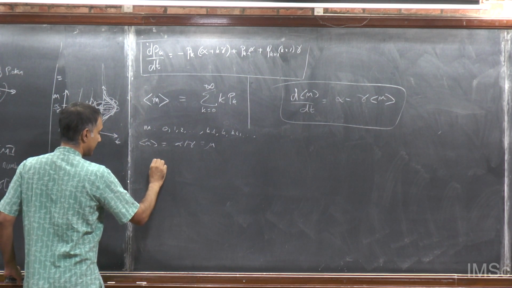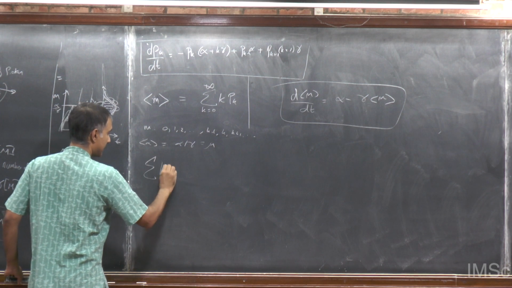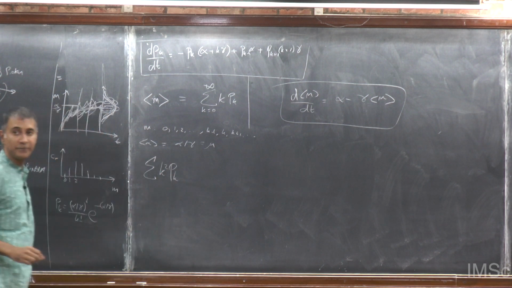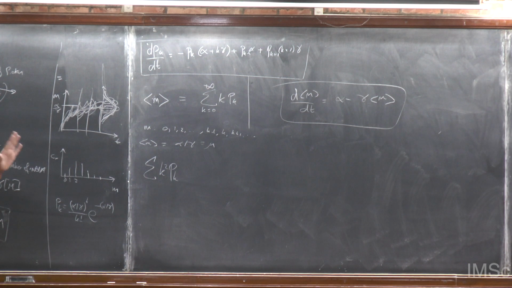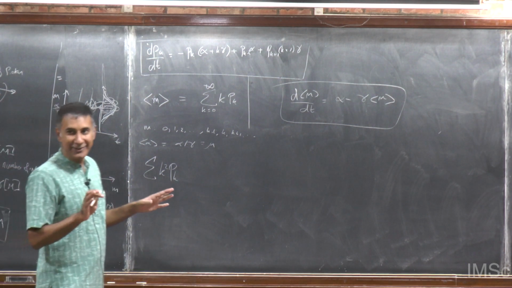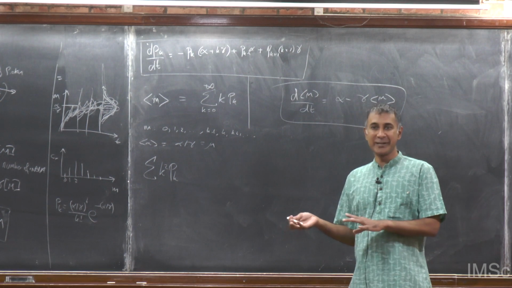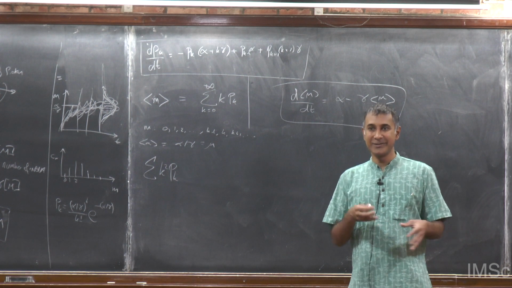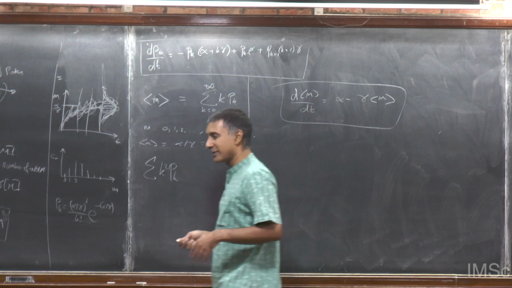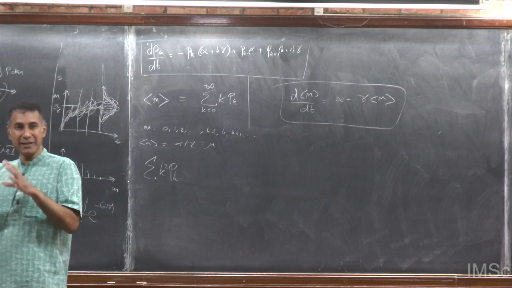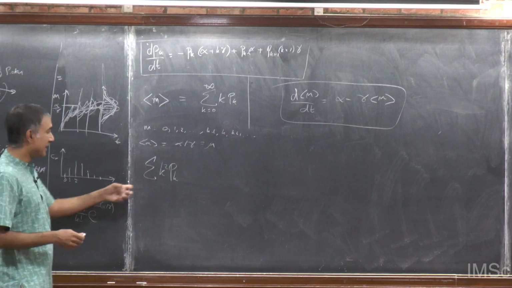So the sum of k squared p sub k is the thing we need to calculate. I'm really sorry about this jumping back and forth between m and k. The name of a variable is different than the values it can take. Sometimes I'll call it the expectation value of k, sometimes the expectation value of m.